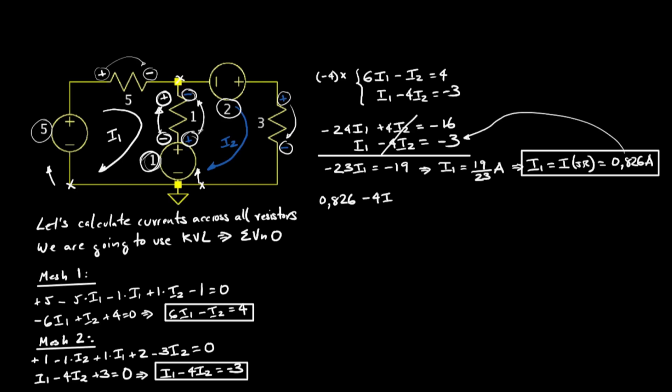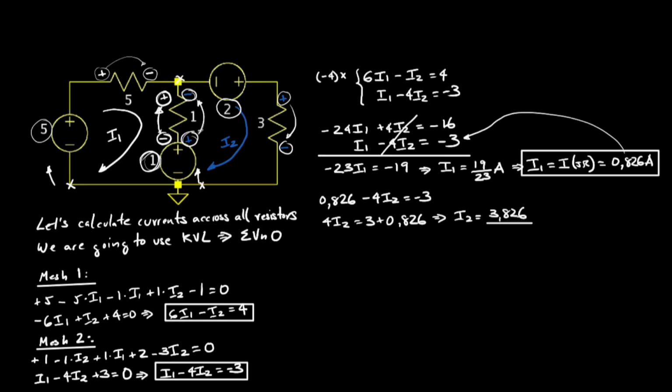And the addition of all of these voltages, due to Kirchhoff voltage law, must be equal to 0. So by solving mesh 2, I find the second equation, I1 minus 4 times I2 equals minus 3. So by solving this equation system, I get that I1 equals 0.826 amperes.